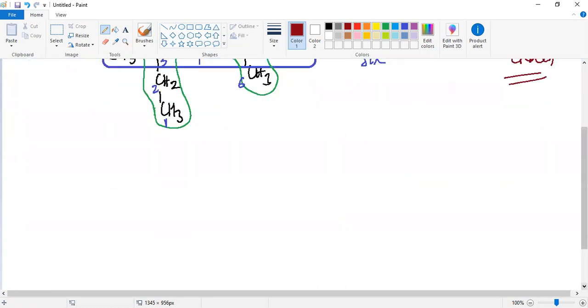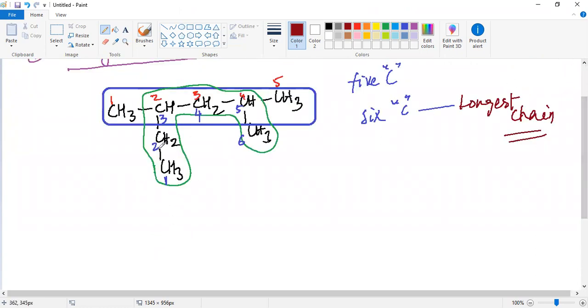So this is how, my dear students, we write it. So let us show it this way. So let us write the compound once again, that we have CH3, then we have CH2, then we have CH, then again we have CH2, then we have CH, and then we have CH3.